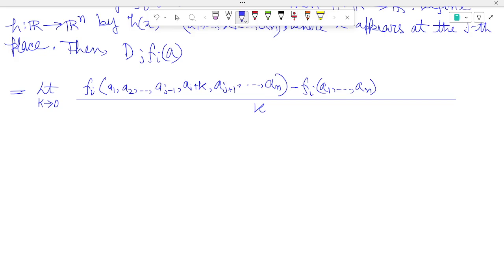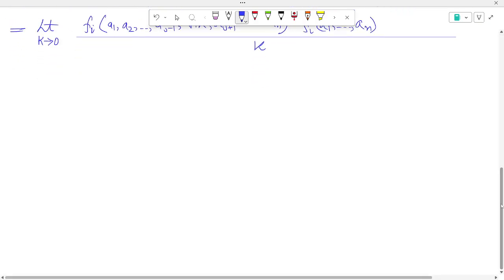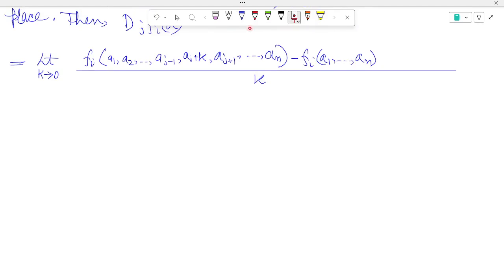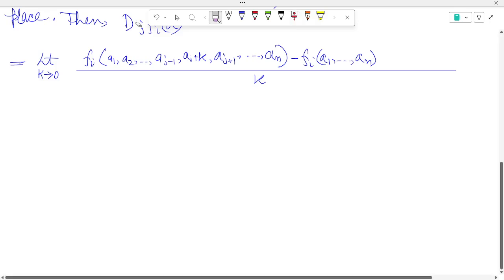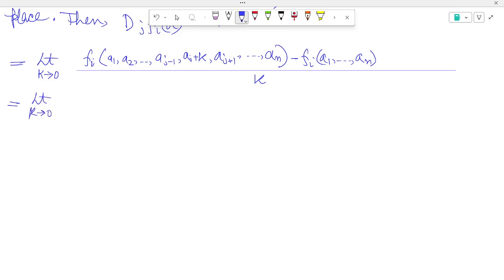But we can replace this point and this point in the next line by suitable functions of h, same k.